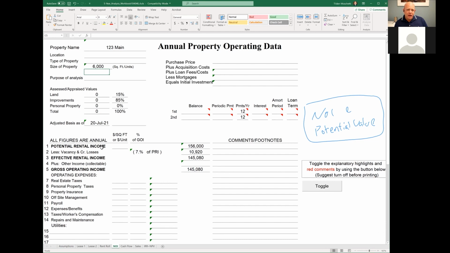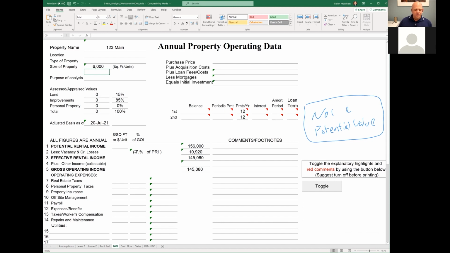So that's the potential rent that you can get in this period right now. Now, we also count vacancies that we think are going to happen as well, but you want to make sure to then reduce the amount for vacancies back out in this vacancy and credit losses. So don't make it less than what the actual dollar amount is. You want it to be higher. So here our potential rent income is that 156,000.